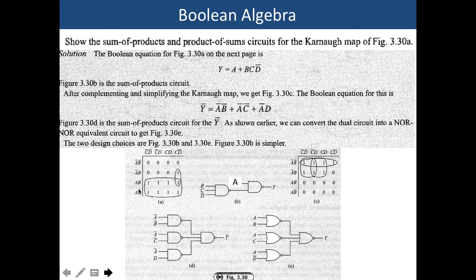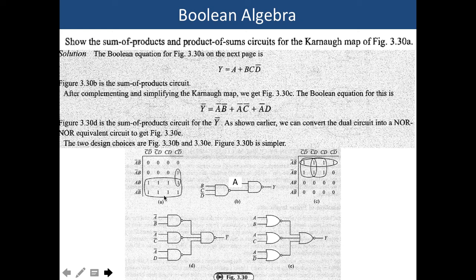So we will take only A from this. For the pair, the common is B and C D bar. A plus B C D bar. Now from this equation we will draw the circuit. So B C D bar NAND gate. Here is A NAND gate. The output is Y.